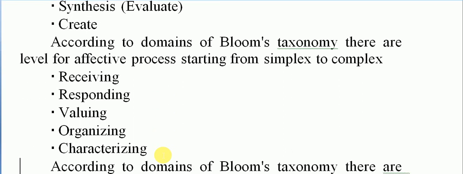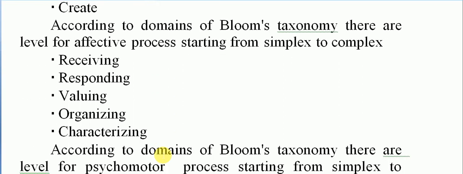Then we think about the value of this process, the value of this particular thing. After that, our heart organizes all these events and characterizes it. So these are the levels of Bloom's taxonomy in the affective domain.